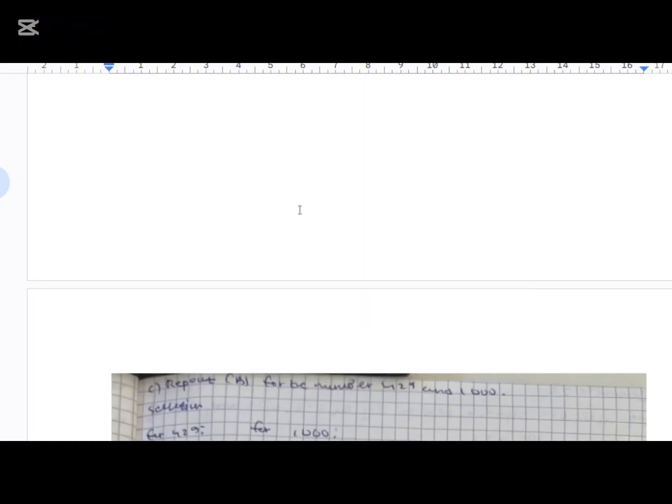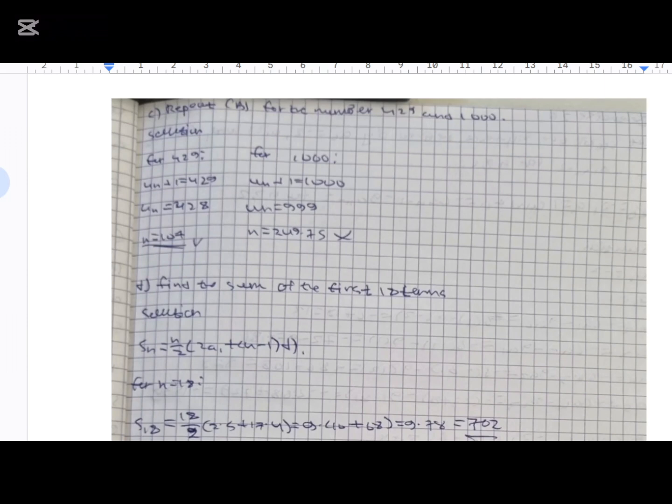So for part C right here, we have to repeat B for the numbers 429 and 1000. For 429 we apply the same thing, and as you can see, if we divide 428 by 4, the answer is 107, which is the right answer.